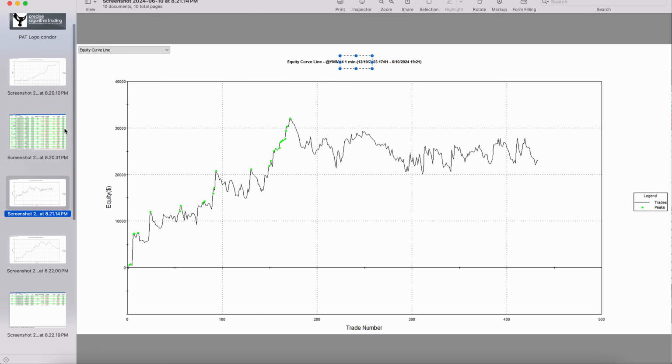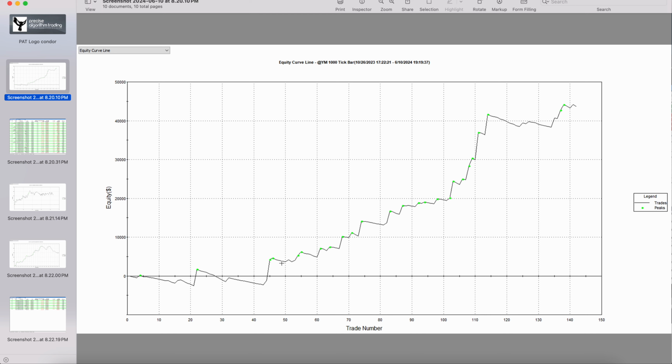So I'm considering doing some more work to come up with this on a 1 minute bar, because I think the trades would more mirror what was going on before. But I'm totally fine with this actually as an equity curve, and with the potential it has, because it doesn't have that big of drawdowns before it goes on to make new highs.